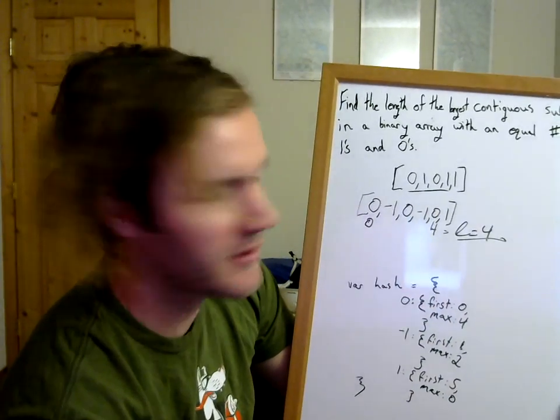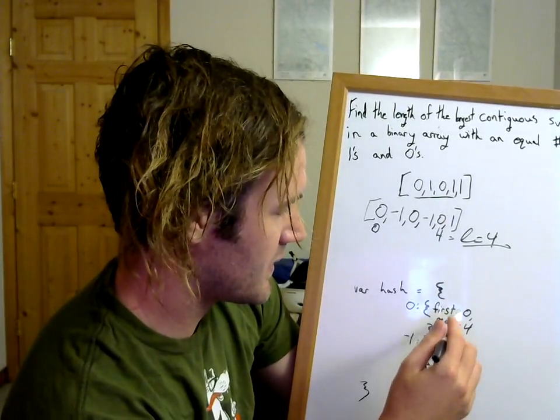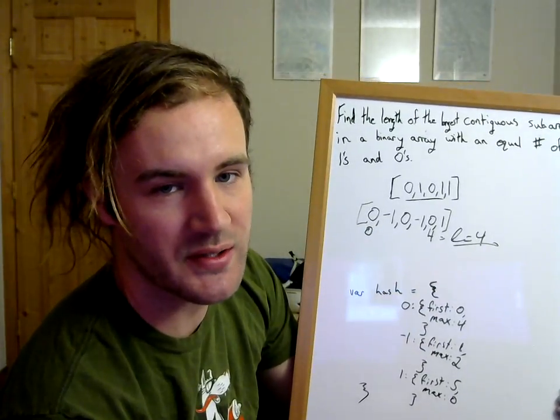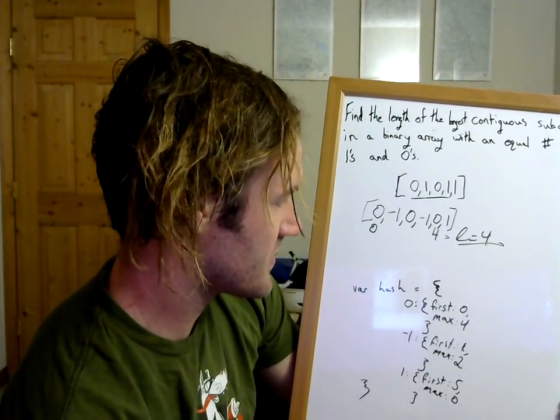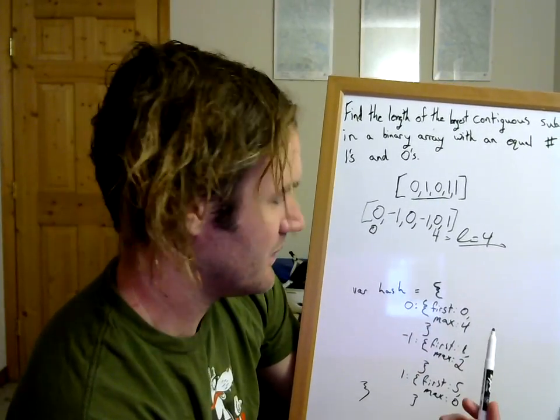Alright, now all you'd have to do is iterate through here and find the biggest max. And that's your length of the array. If you want to actually find the subarray, you just iterate through, find the largest max, and take your first.